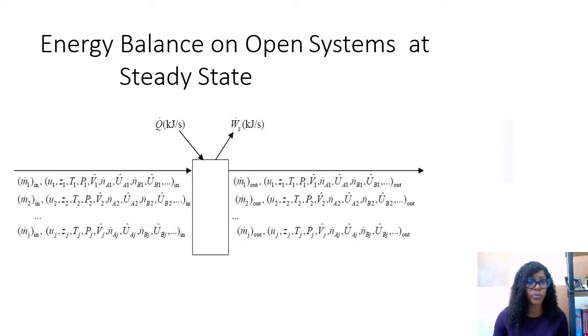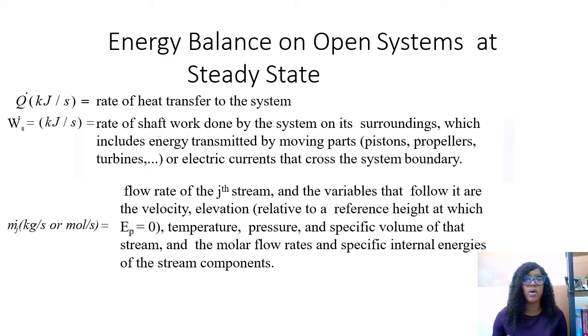For example, for M1 we have U1, Z1, T1, P1, V1, etc. And leaving our system, we also have M1 out, and U1, Z1, T1, P1, V1, etc. In our system, we also had heat being added, and we also had Ws.